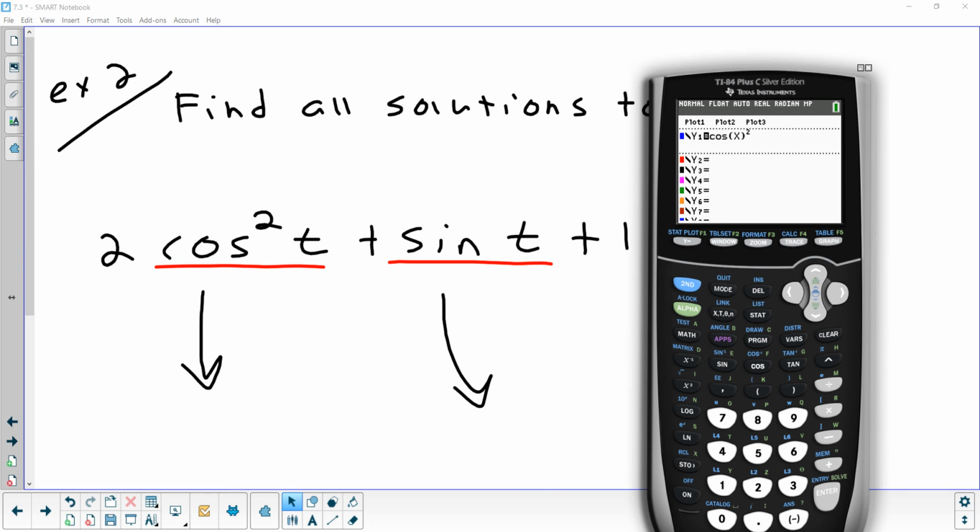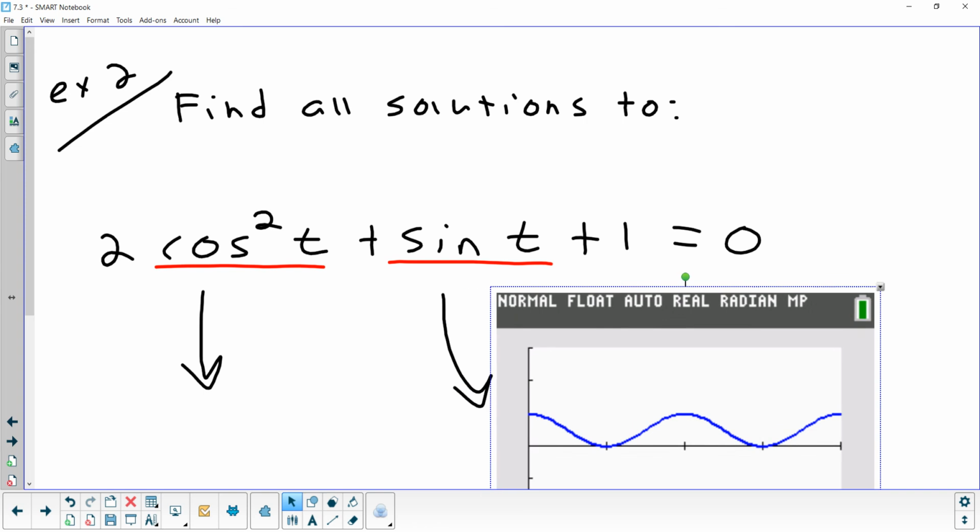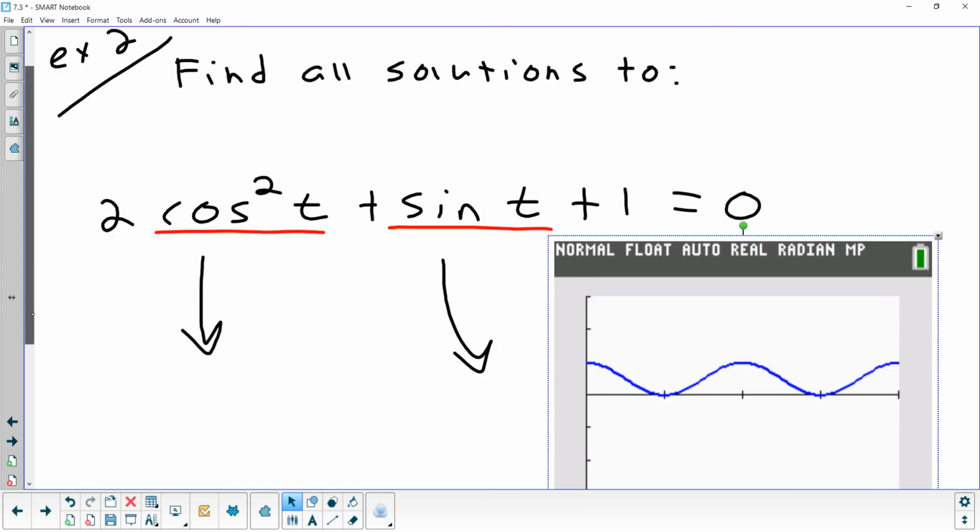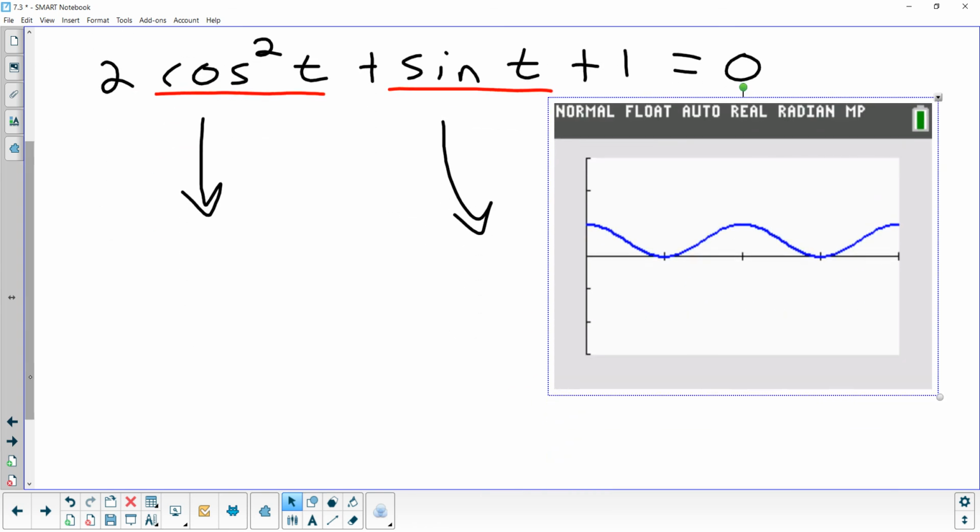Now let's set a window that we know. Let's do 0 to 2 pi, and let's look at cosine squared. How many cycles of cosine squared do you think we're looking at there? Yep, 2.